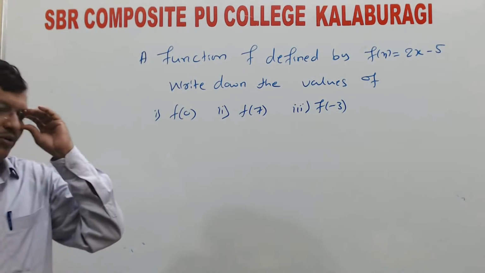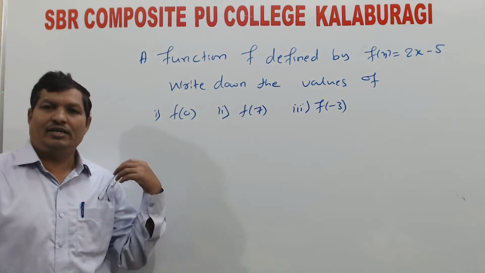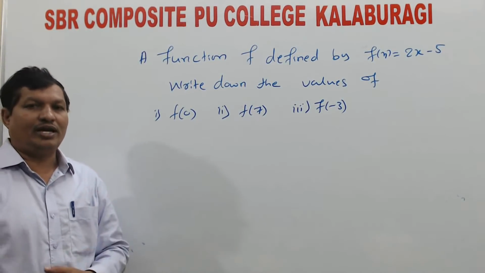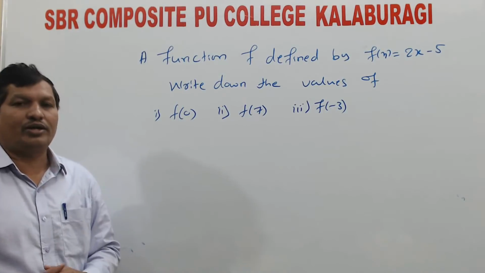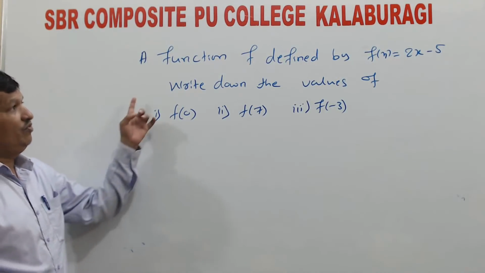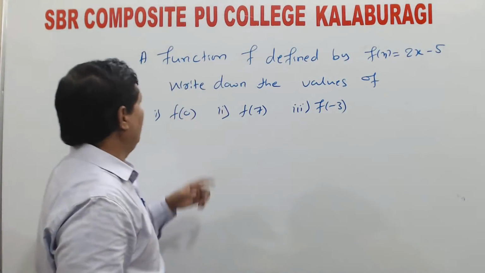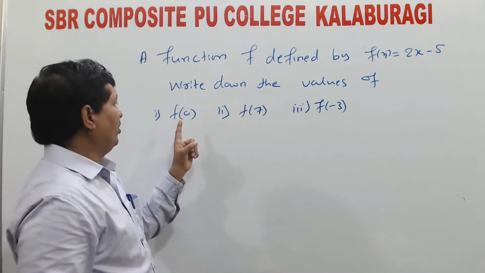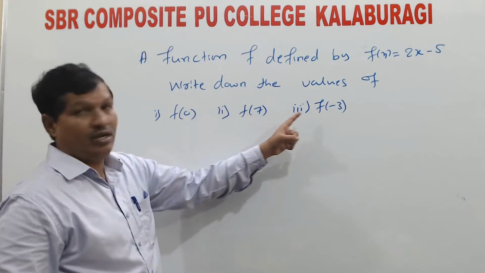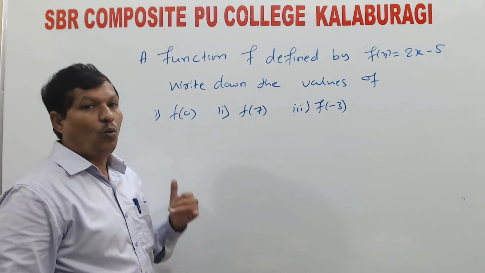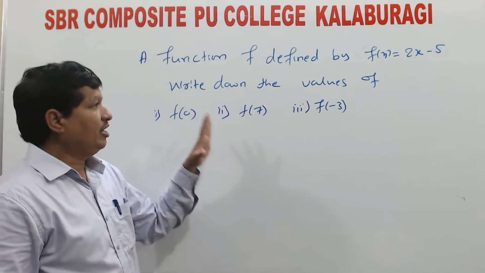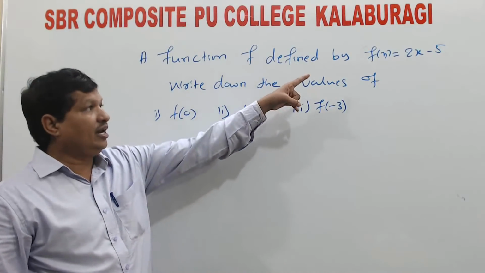Okay, very few examples are there. Solving the examples in the textbook is very easy, but understanding is very important. Now, a function f defined by f of x equal to 2x minus 5. Write down the values of f of 0, f of 7, f of minus 3. What they asked here, they have not given any function, they have given a relation.